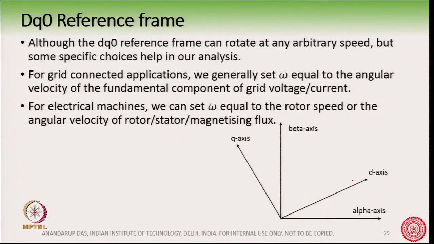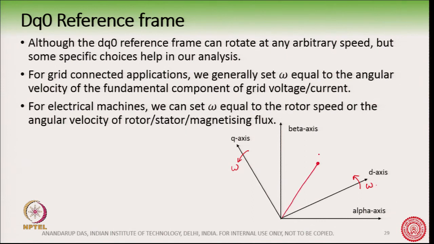For grid connected applications, the d axis and the q axis both rotate at omega speed. So, for grid connected applications, we generally set omega equal to the angular velocity of the fundamental component of grid voltage and current.